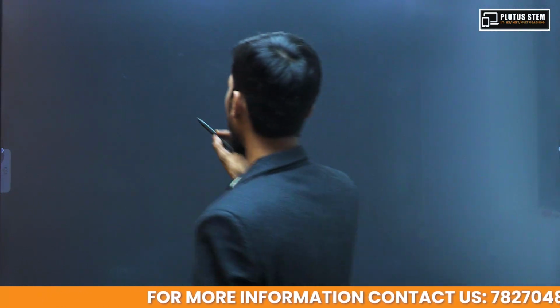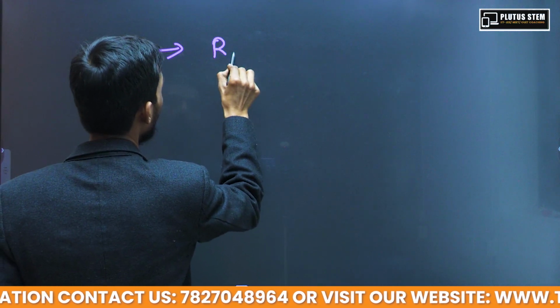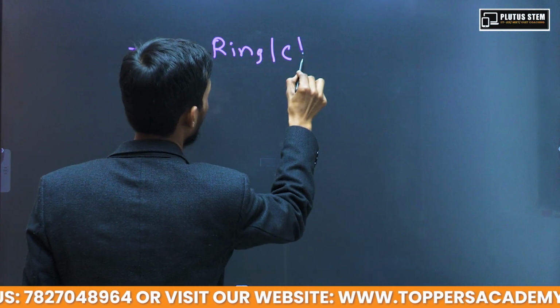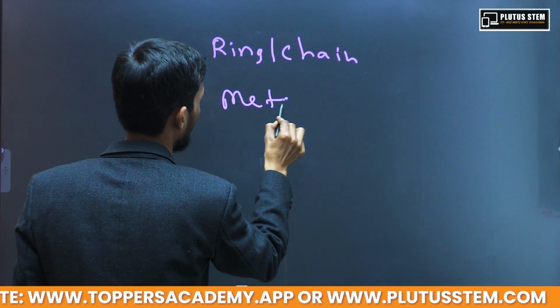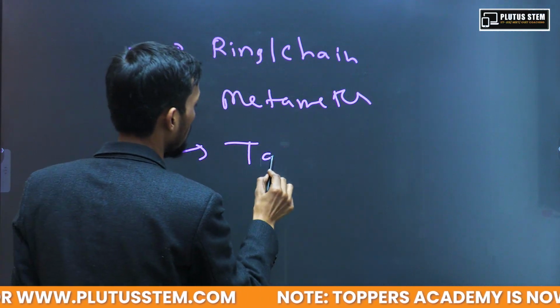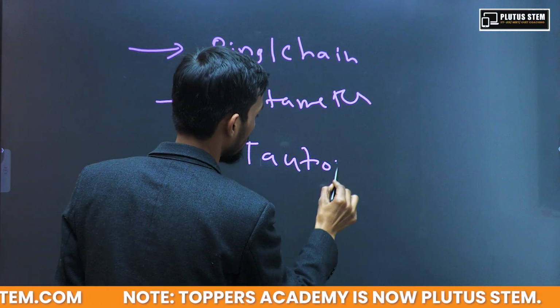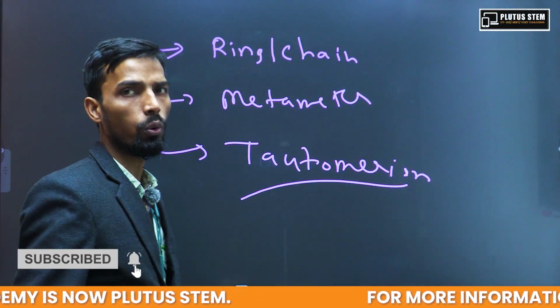In the next slide, we will discuss subclasses of functional group isomers, ring chain isomers and metamers. And if time permits, we will also discuss a bit about tautomers or tautomerism. So that's all for today. Thank you.